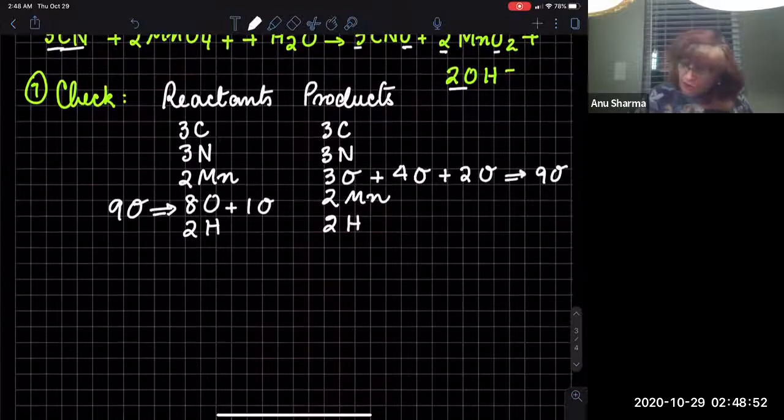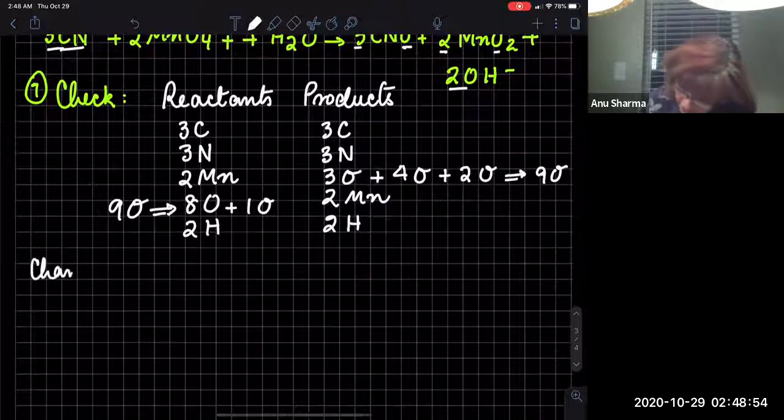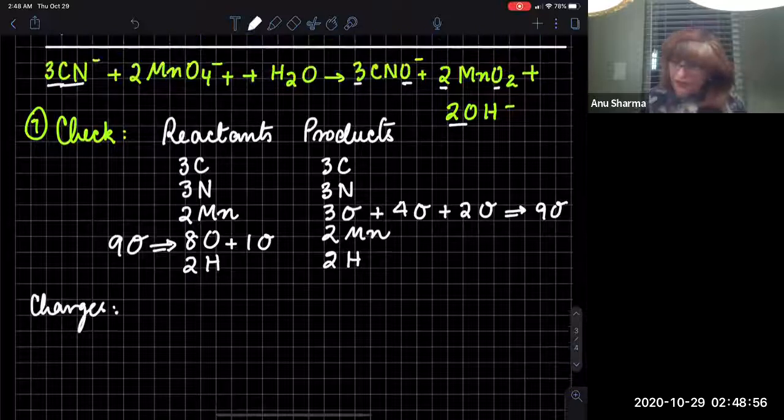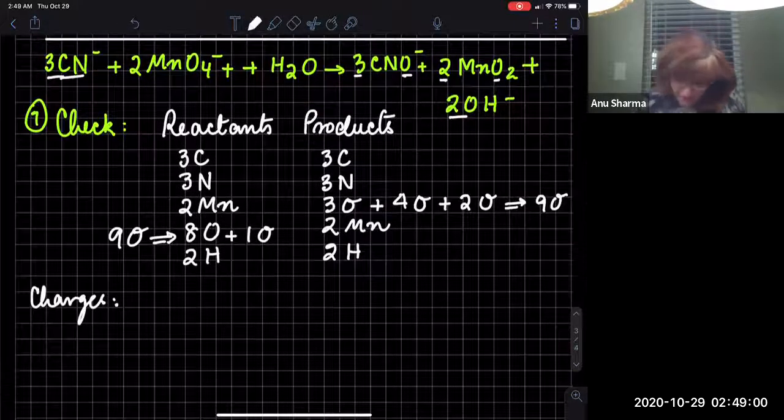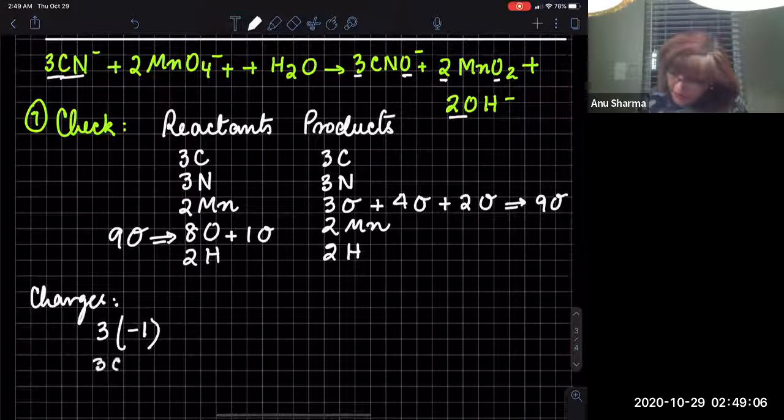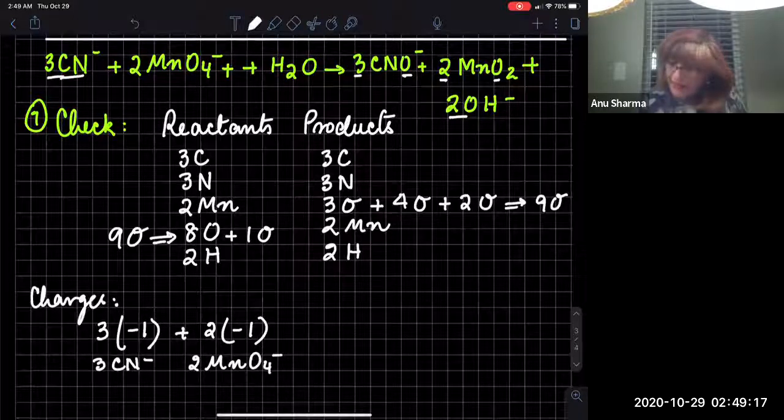And if you look at the charges, let's balance the charges. For this whole reaction, we have 3 of 1 negative coming from the 3 CN negative, and then you have 2 of the -1 charge from the permanganate, 2 MnO4 1 negative, and for the water it is 0.